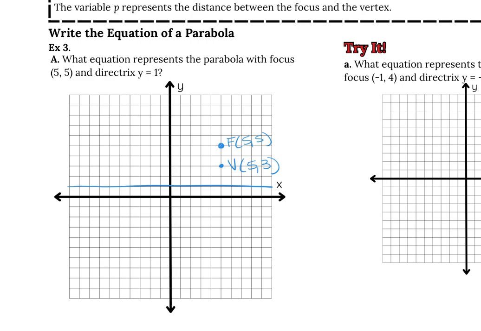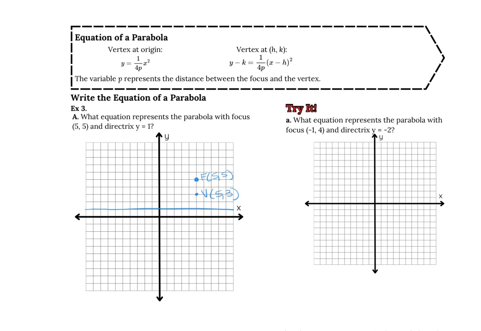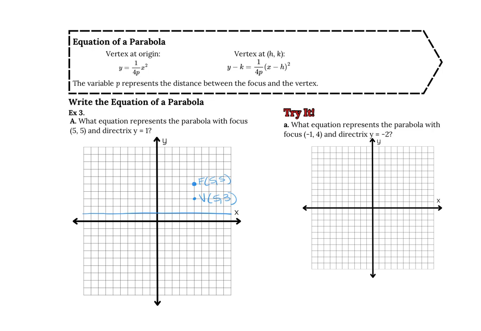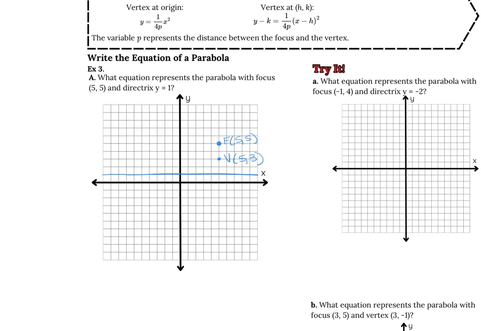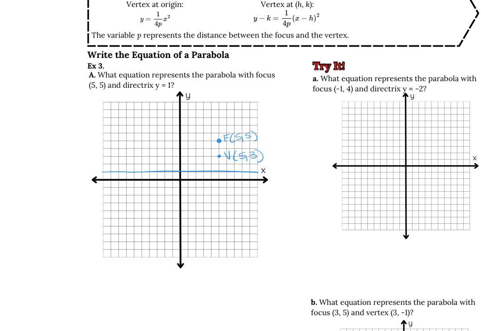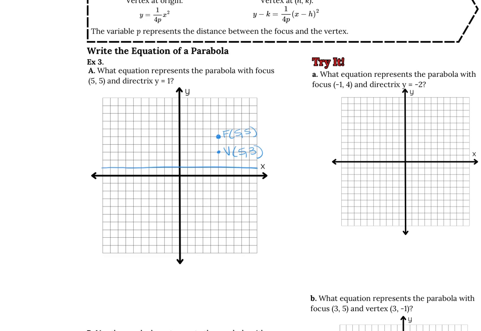Okay, my vertex is not the origin, so I'm going to be using my vertex formula or equation. So I'll come down here and plug in the information we know.